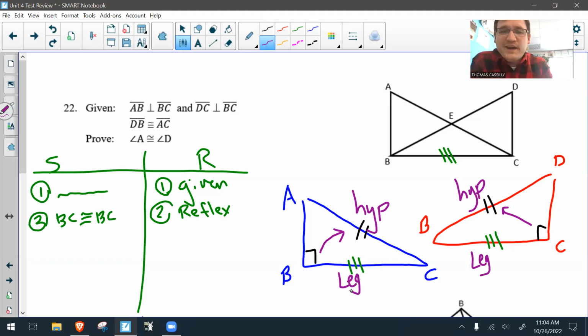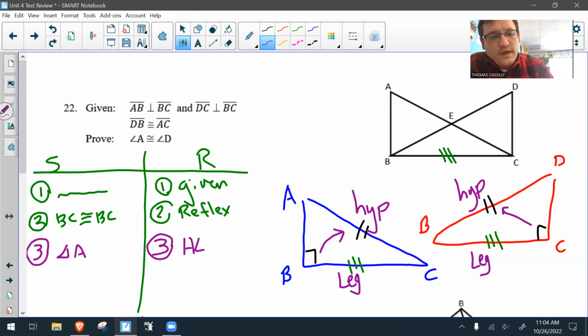So we have the hypotenuses, those are congruent. The legs are congruent. It's a right triangle because we have that 90-degree angle. So we know that these triangles are congruent by the HL theorem. These two triangles are the same. So you can say triangle ABC is congruent to triangle DCB.